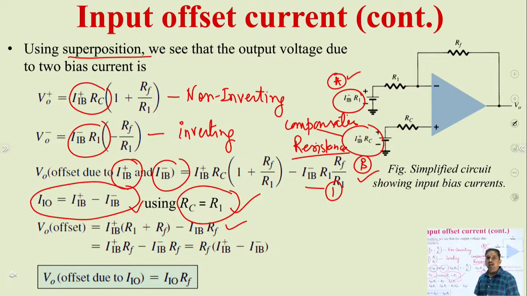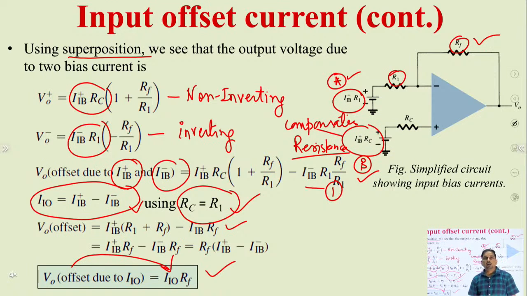Now if we neglect R1, since R1 is small in comparison with the feedback resistance, which is generally high, the result we obtain is IIO multiplied by RF. This means the output offset voltage depends on the input offset current multiplied by RF.